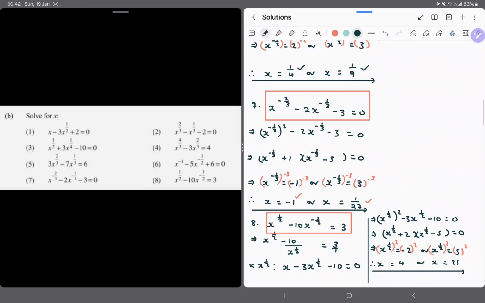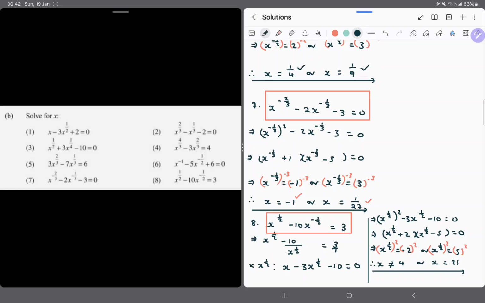Let's just do it nicely without causing ourselves any issues. Okay, let's see, what do we get? I'm getting minus 3, so it means 4 can't be the solution.